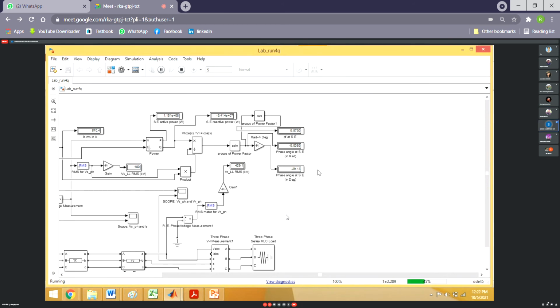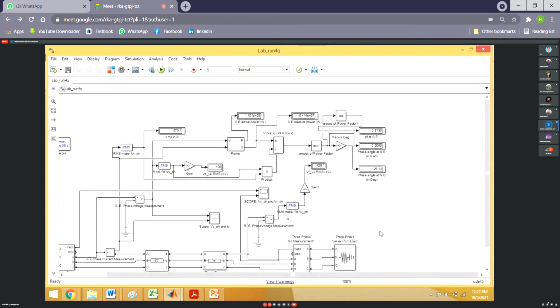We have loaded the line with less than SIL. SIL is near 591, more or less 600, so 300 is almost half. If we load the line like this, there may be a chance of Ferranti effect.